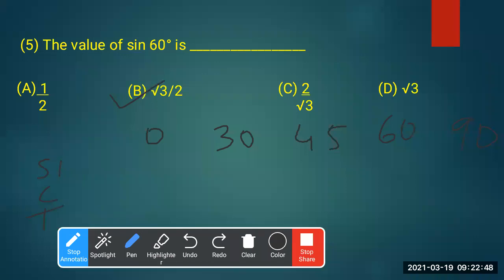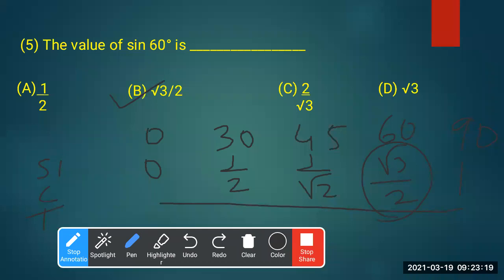Now if you remember only the first row, that is 0, 1 upon 2, 1 upon root 2, root 3 upon 2 and 1, you will be able to get the values of the remaining two trigonometric ratios. So from here you can check the value of sine 60 is root 3 upon 2.